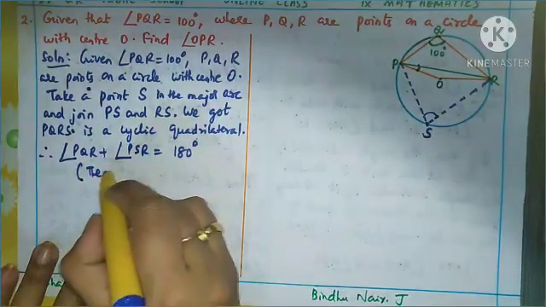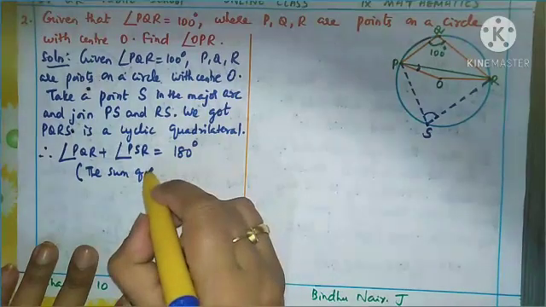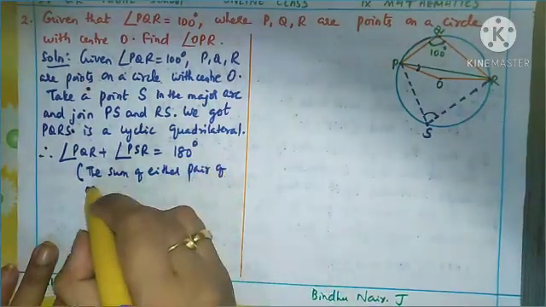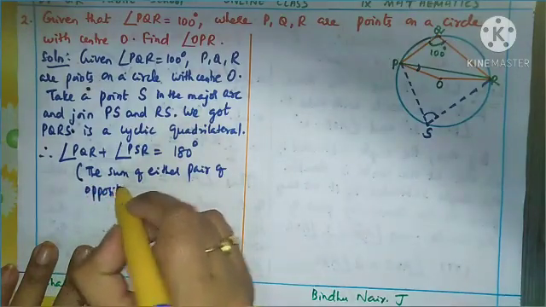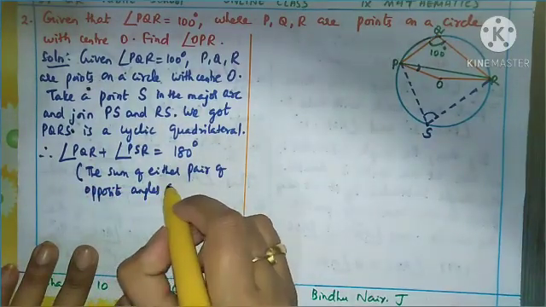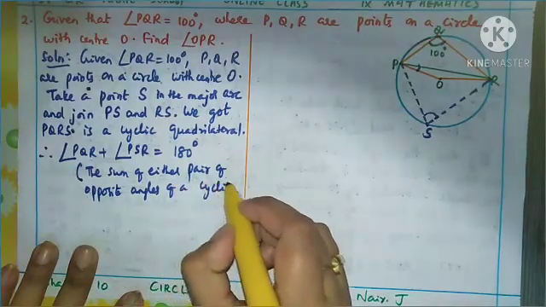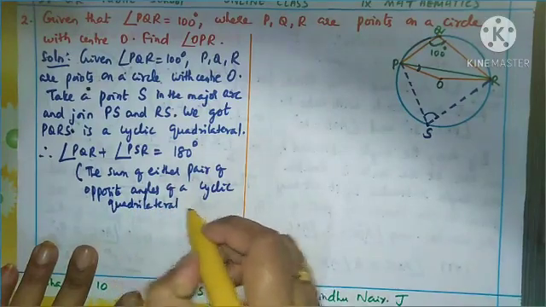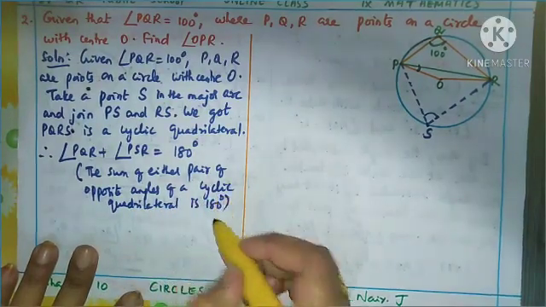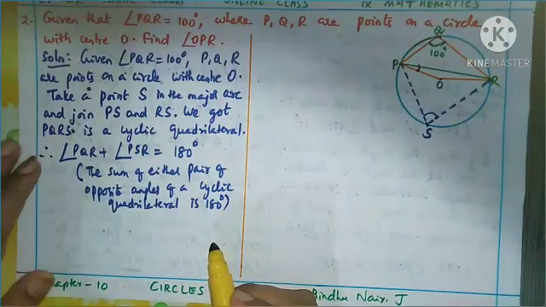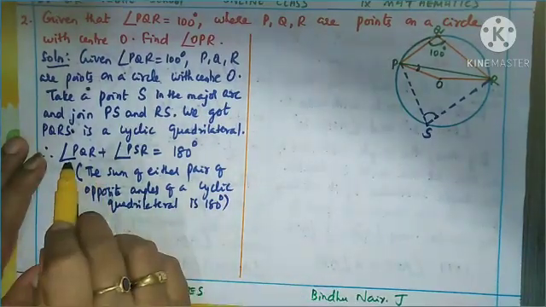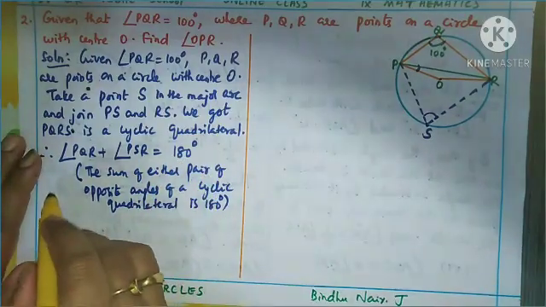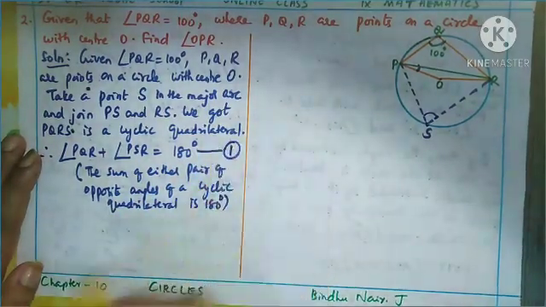Because the sum of either pair of opposite angles of a cyclic quadrilateral is 180 degrees. You want to write the reason completely. So thus we got angle PQR plus angle PSR equal to 180 degrees. Let us call this equation 1.